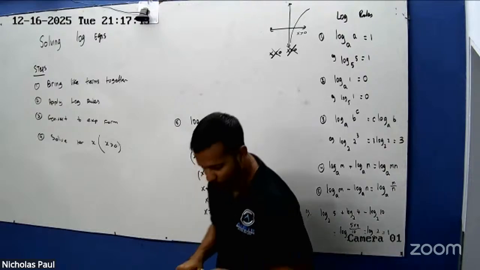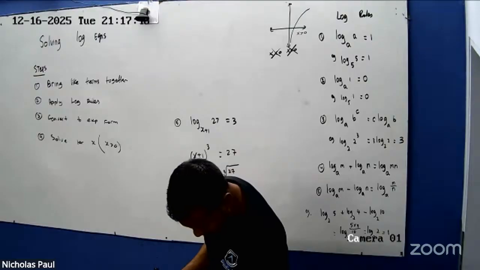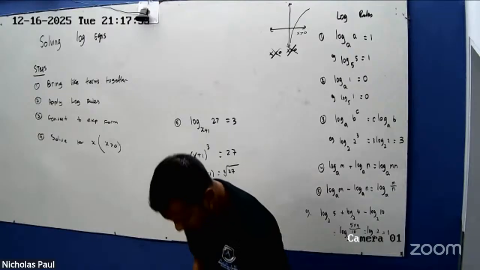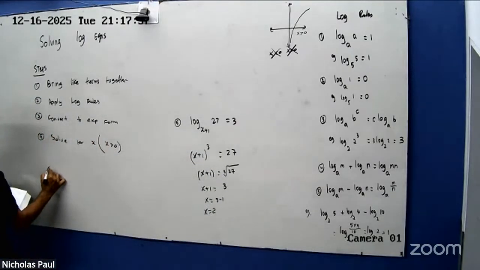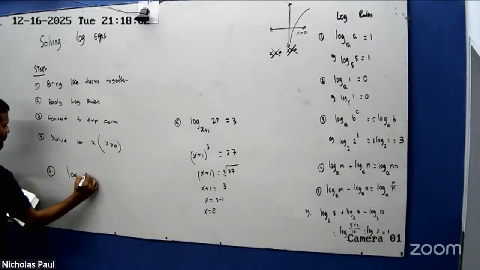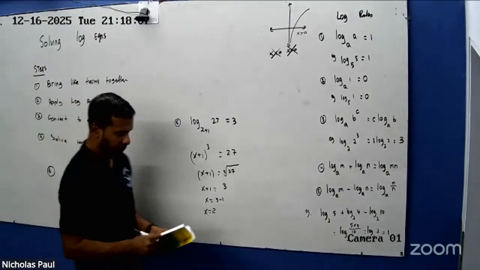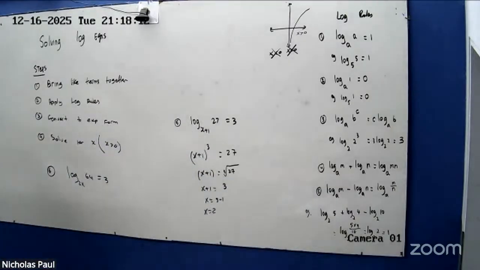Let's try one more like that. Log to the base 2x of 64.